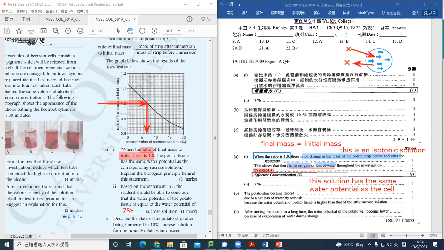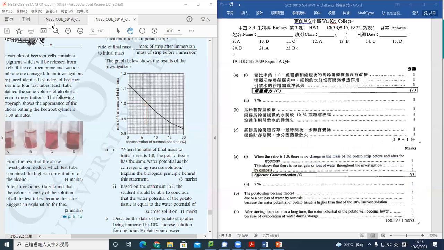On the right hand side, I can amend something. This solution has the same water potential as the cell, or in other words, 7% sucrose solution has the same water potential as the cell. Okay?